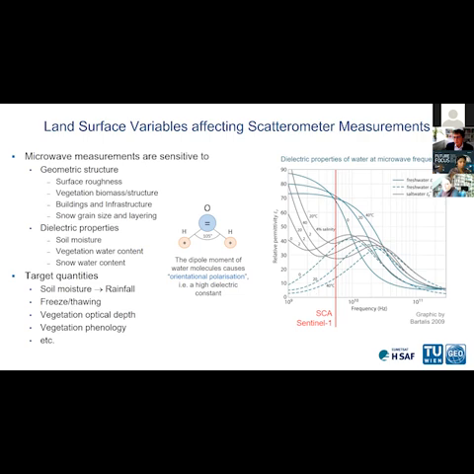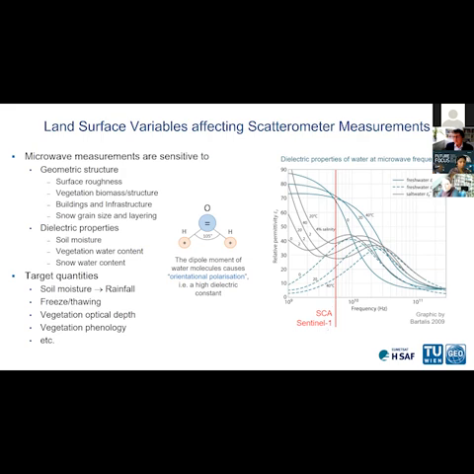In this plot, you're not just seeing the real part of the dielectric constant, you also see the imaginary part of the dielectric constant, which tells you how absorptive the water is. Here we have pure water, and here you would have saline water. The frequency of the scatterometer is here at around 5.4 gigahertz, in the same way as Sentinel-1.